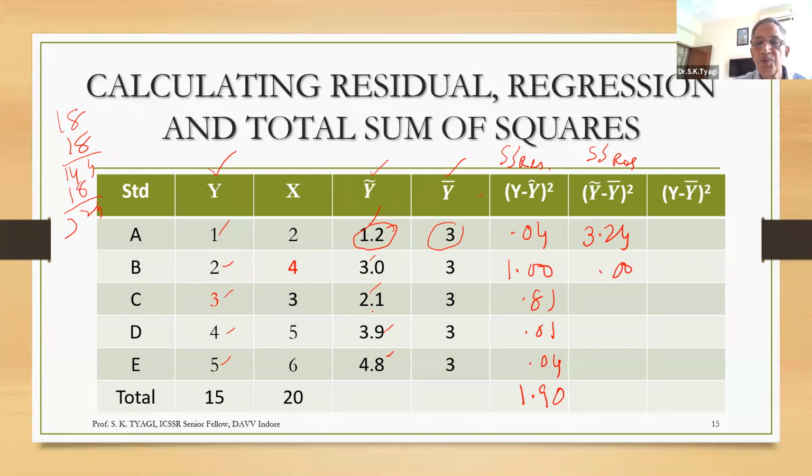For 2.1, the difference is 0.9, so the square is 0.81.